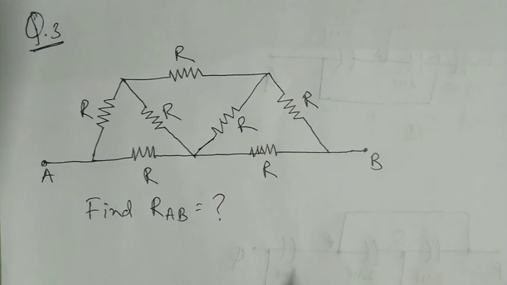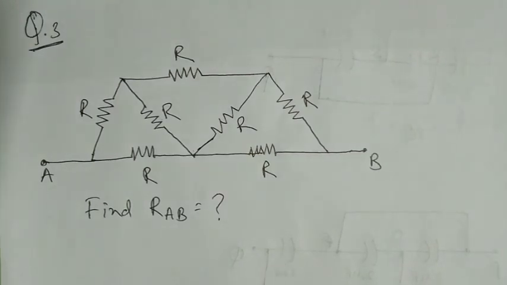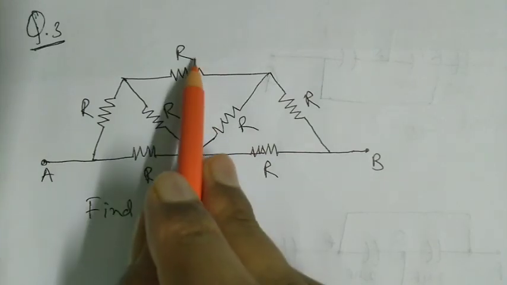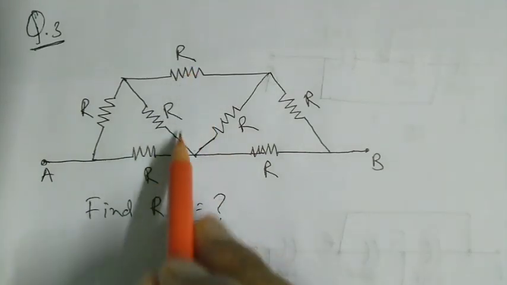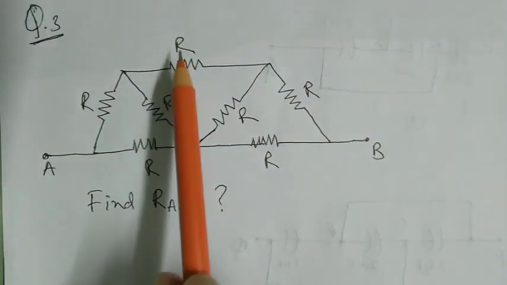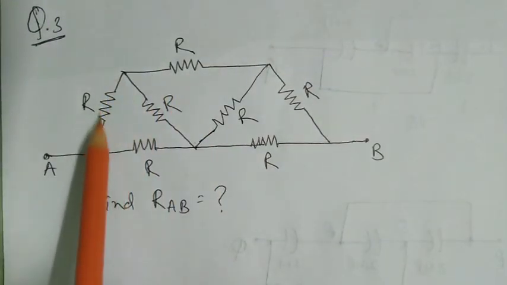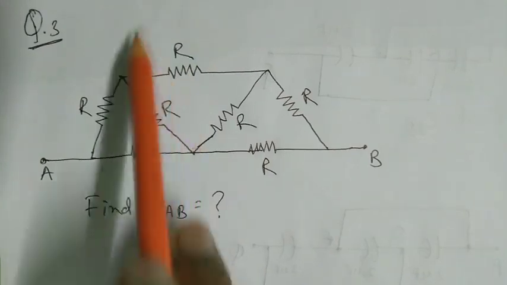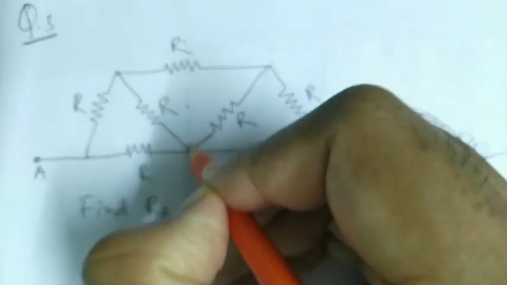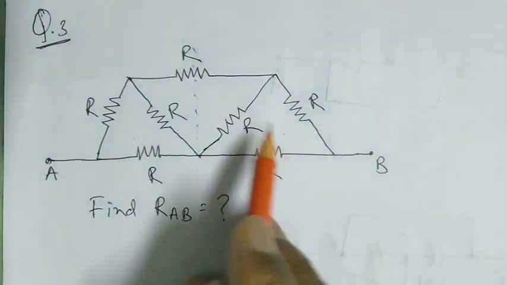Now move on to the third question. This question is actually of symmetry. Okay, now how to solve this question? Look, this circuit is actually symmetric. If you vertically cut this circuit, you will find out that this portion is a reflection of this portion.